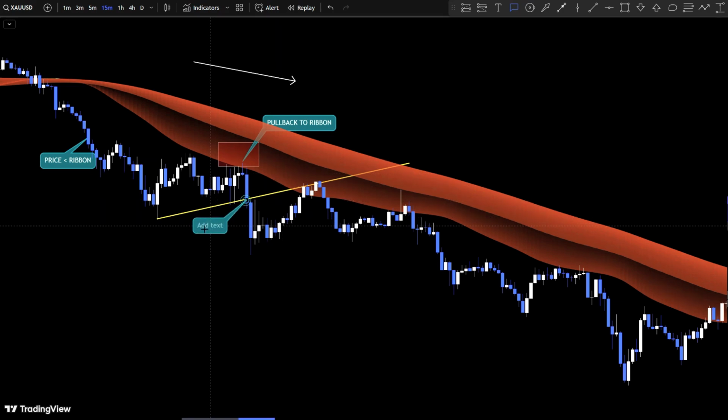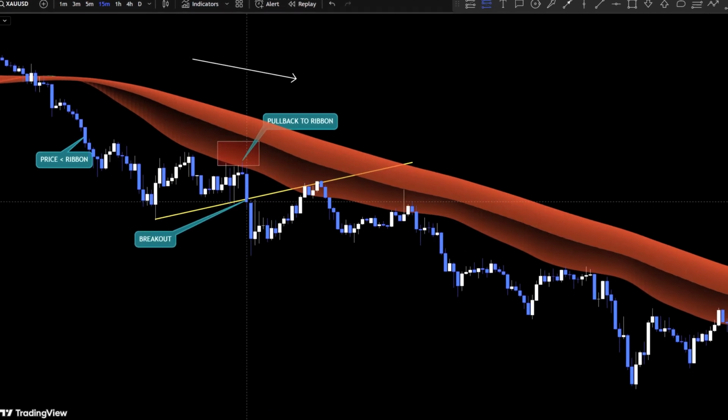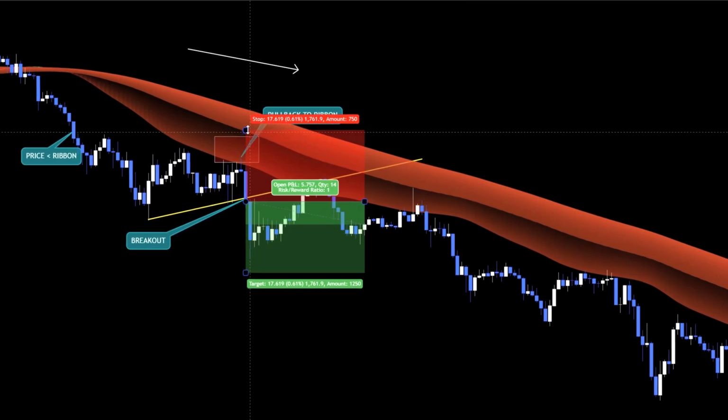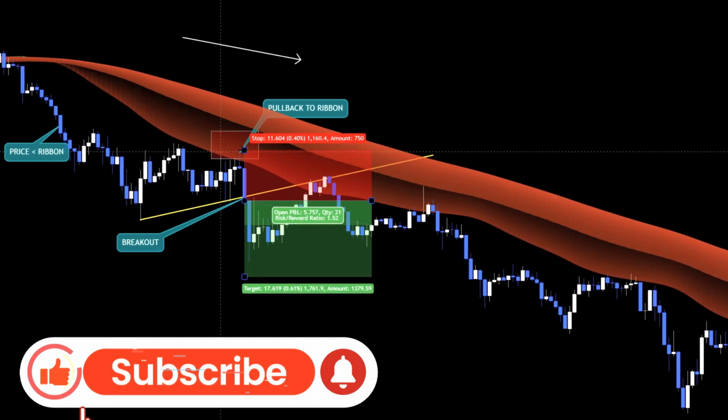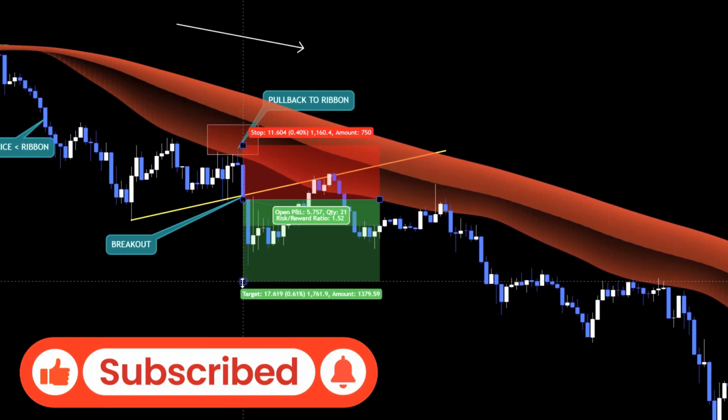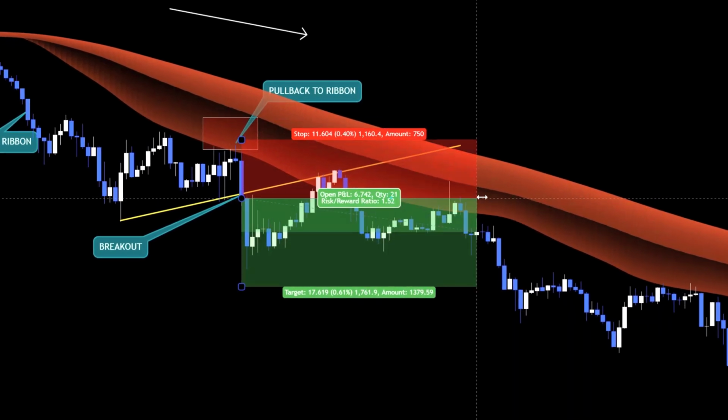When a candle closes below that trend line, that's your sell signal. Place your stop loss just above the highest point of that pullback and aim for a profit target 1.5 times the distance from your entry to your stop loss.